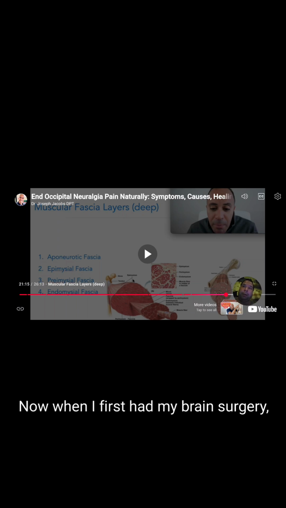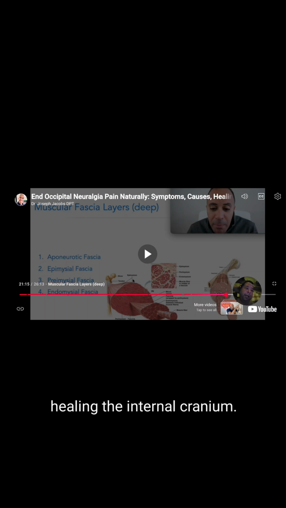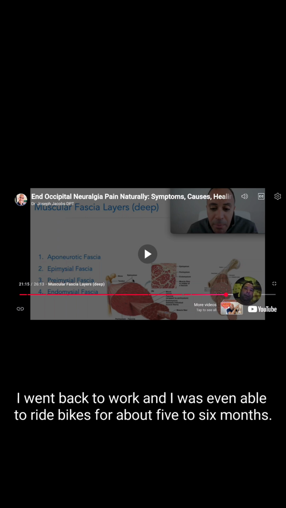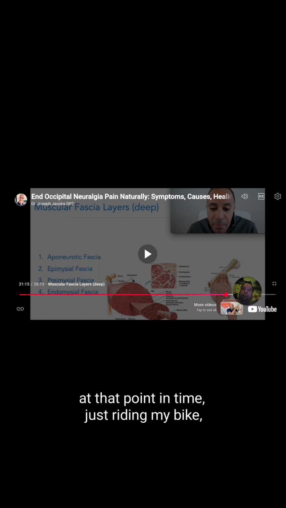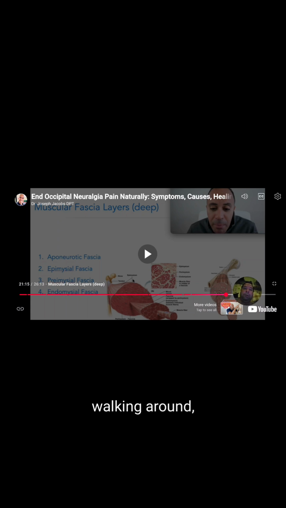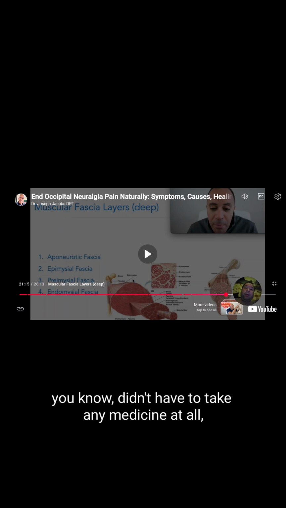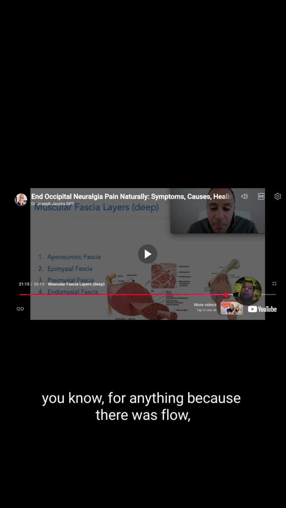When I first had my brain surgery, the first 3 months I was just sitting down doing nothing, healing the internal cranium. After the 3 months, I went back to work, and I was even able to ride bikes for about 5 to 6 months. Just riding my bike and walking around, I didn't have to take any medicine at all, because there was flow and movement through there.